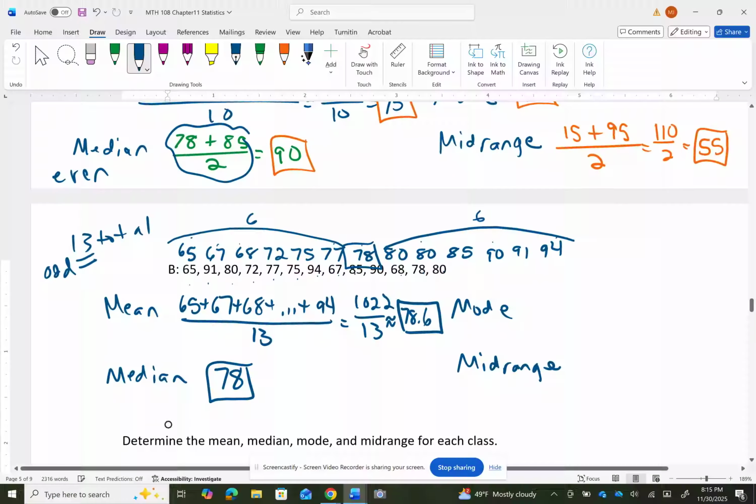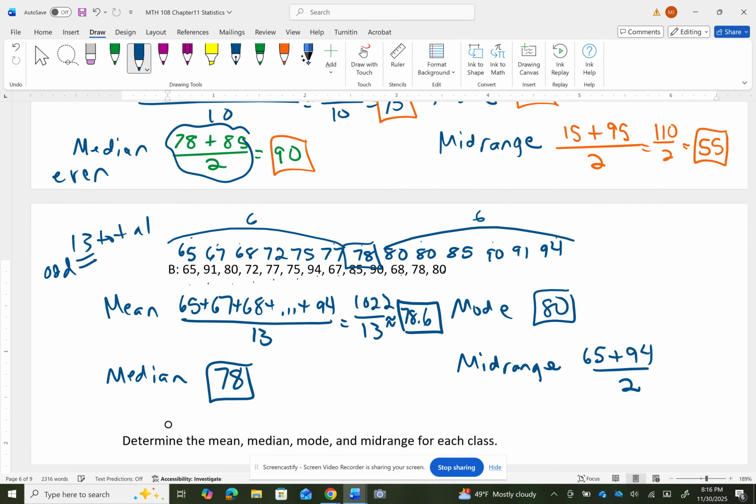Right, now for the mode, once I put them in order, I could see that 80 was the mode, and the mid-range is now easier to do because I can find the low and the high at a glance and just add those and divide by 2. If I did that, I'd wind up with 19.5. That seems way too low.